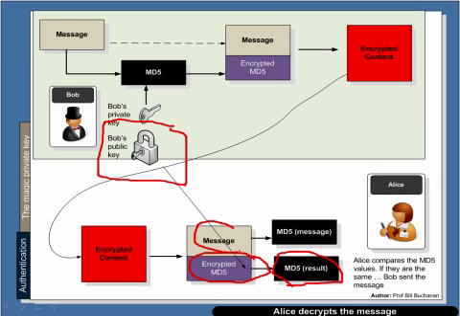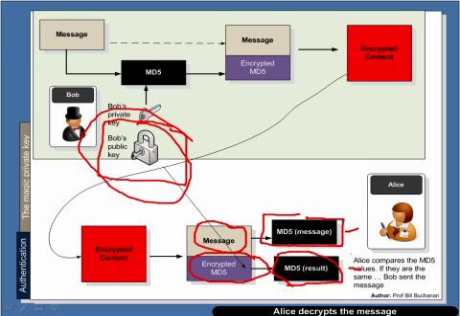She then takes the message that she's received and puts it through the MD5 algorithm and checks the two. If the two tie up, then she has authenticated Bob, as long as Bob's public key is correct.